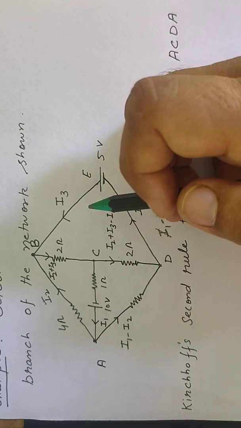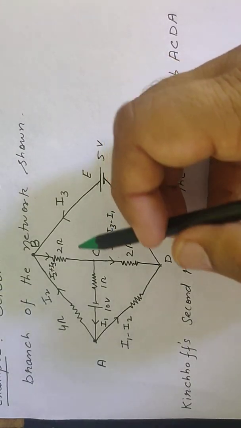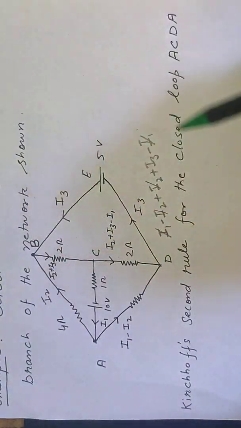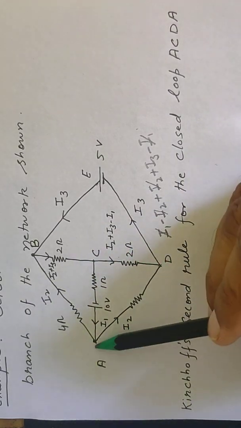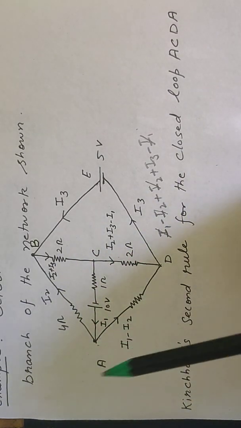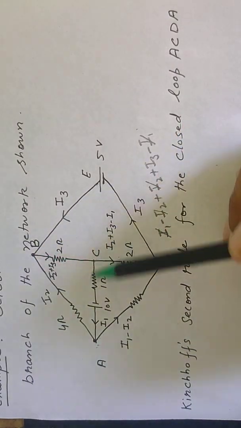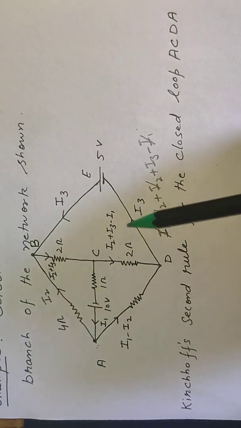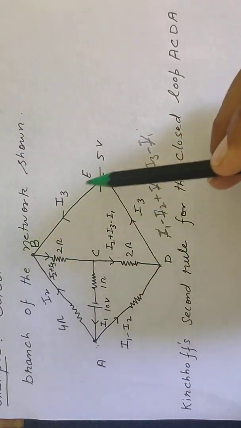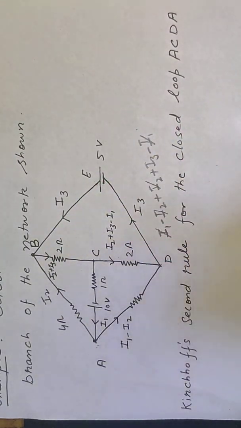To get the three equations, we take three loops: the first loop we take A, C, D, A; the second loop we take A, B, C, A; and the third loop we take D, C, B, E, D.